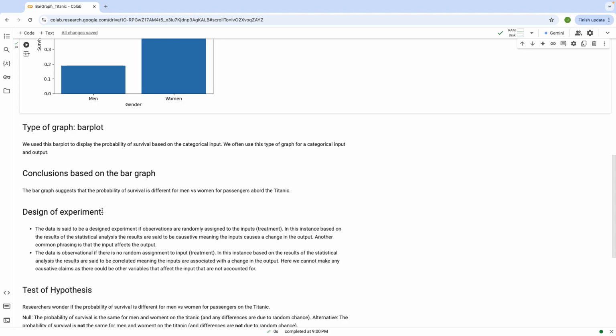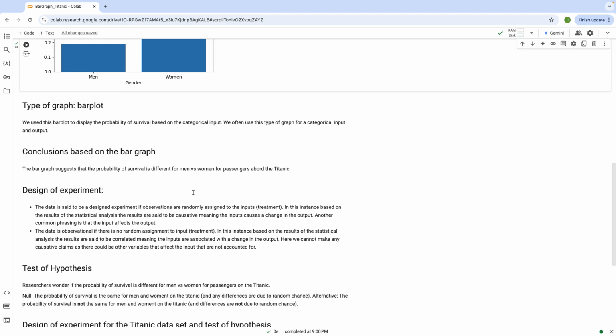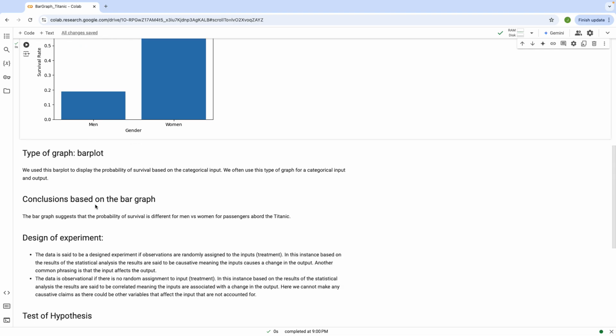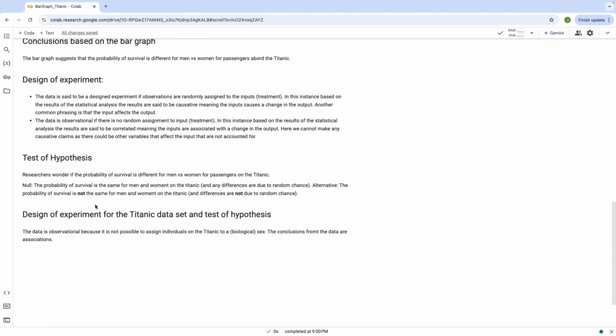So in this instance, it's not possible to assign the passengers of the Titanic to the group of men versus women. Like, I can't make someone be a man and someone else be a woman. And, in addition, all these passengers are dead, or, you know, most of them. So this type of data is observational.